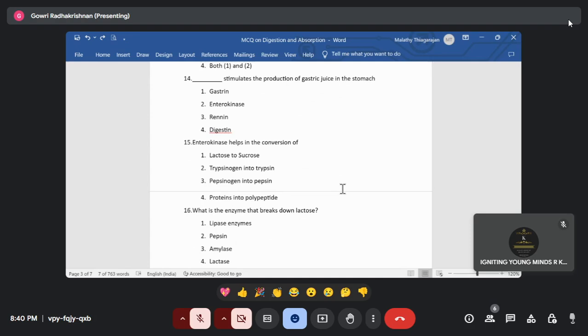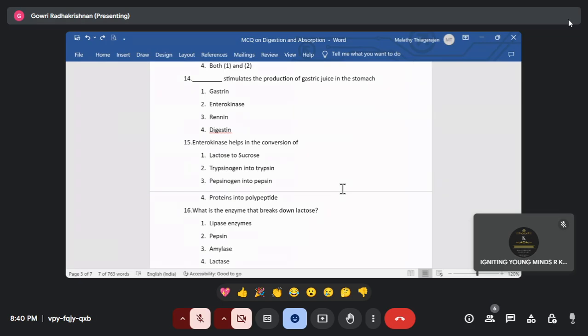See, this particular hormone sends signals to activate certain processes. As soon as you see the food, some signals are sent, and immediately some hormones and enzymes are released. One of its main functions is to stimulate the production of gastric juice.